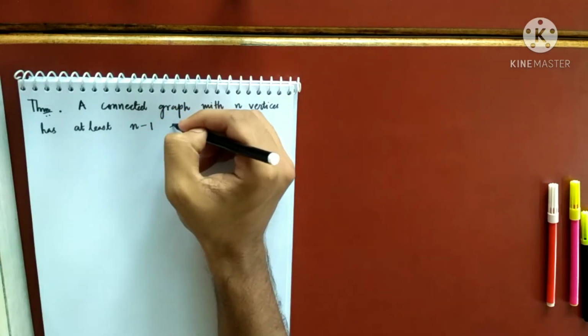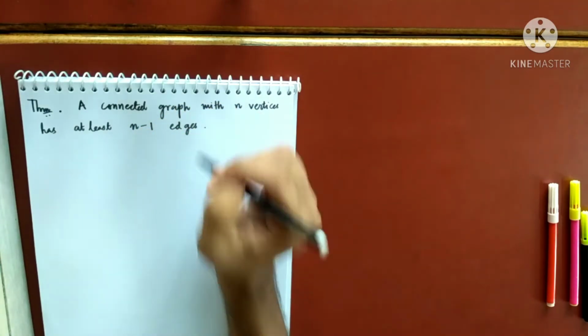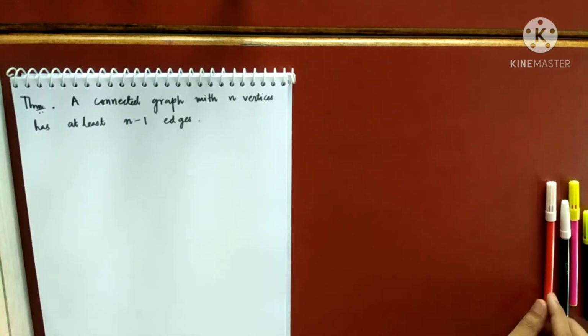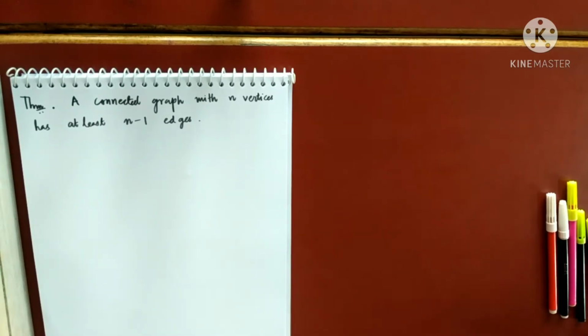n minus 1 edges. This is a very nice theorem. It says that the minimum number of edges in a connected graph with n vertices is n minus 1. So if my graph is connected, it will definitely have at least n minus 1 edges, where n is the number of vertices.